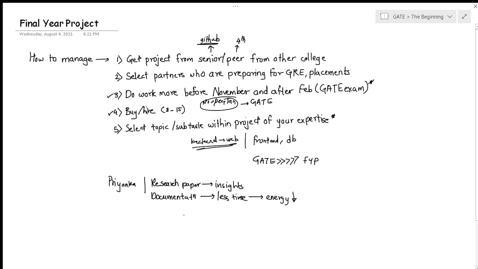So I had done this, but then what I did after GATE, after the 13th Feb, just one day before Valentine's, that's how I remember it. Okay, anyways, after 13th Feb, I started learning ML and deep learning in full depth.